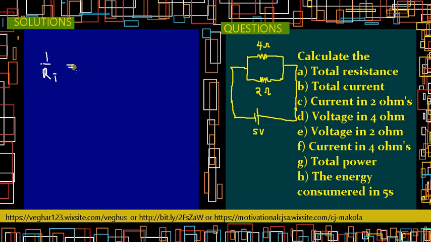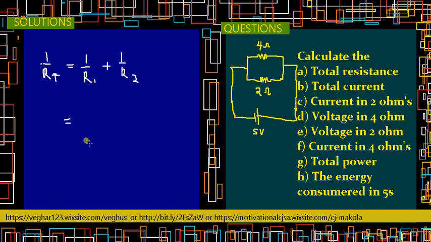So we'll have 1 over R total equals 1 over R1, let's call this R1, plus 1 over R2.